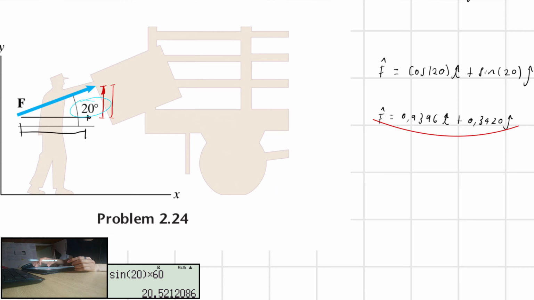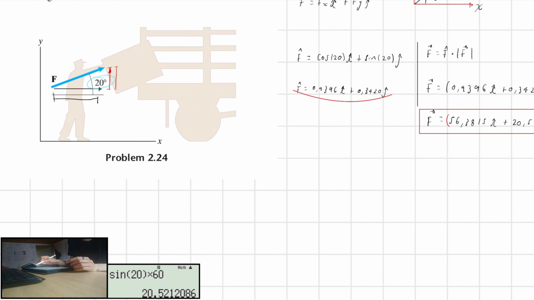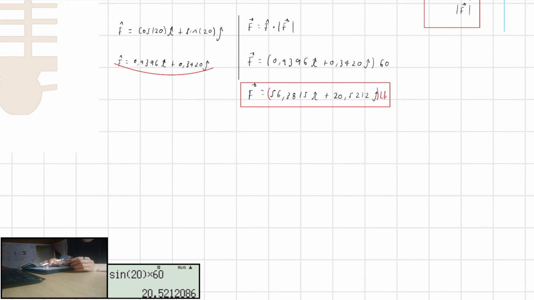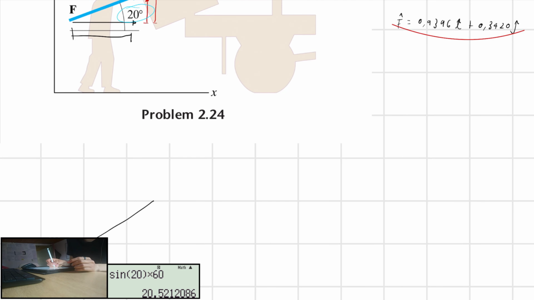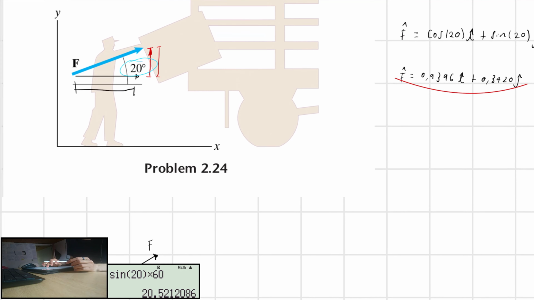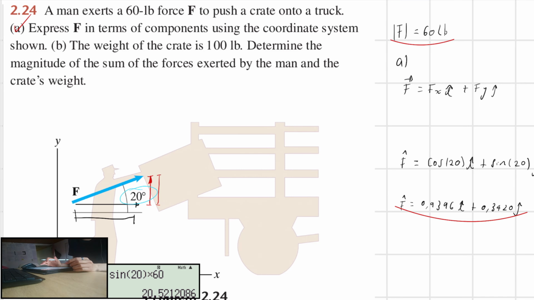Correct? So right here we have the force F, right? And they are telling me that the weight of the crate is 100 pounds.